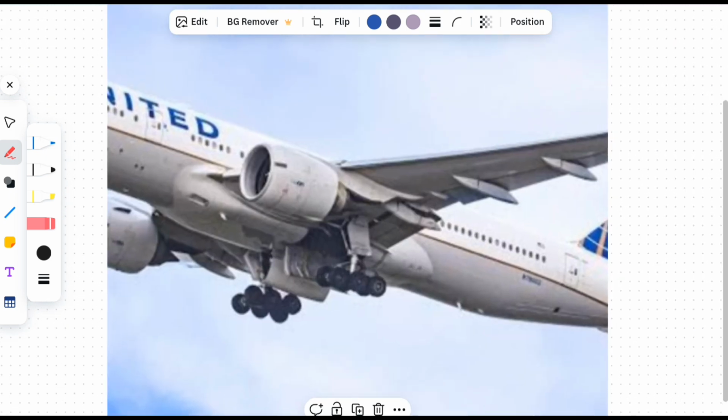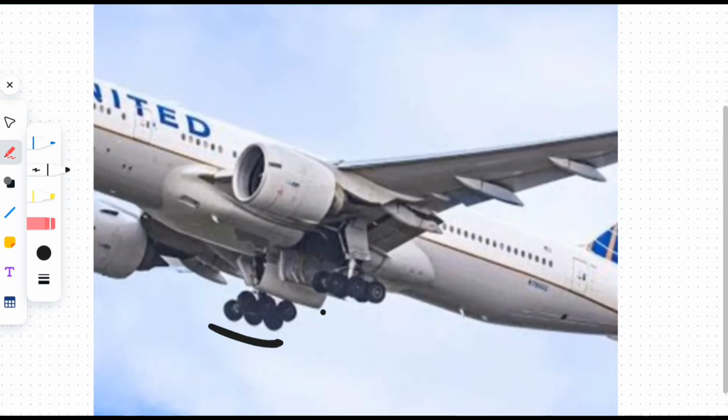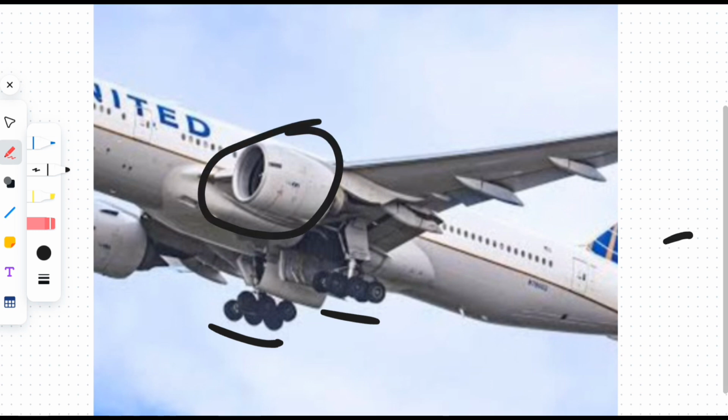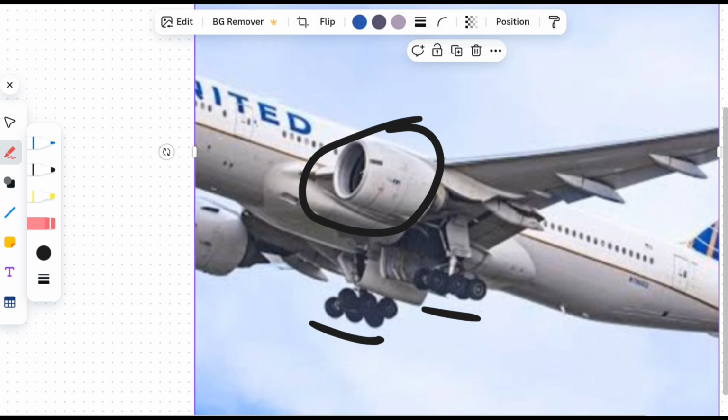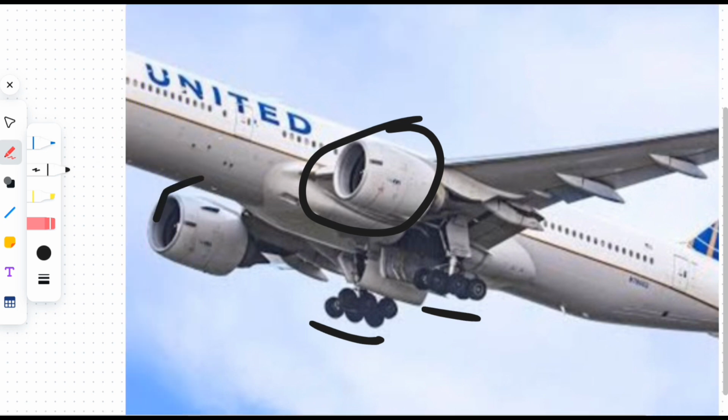So now we will be studying about the engine. Not that kind of, but yes, we will be studying. These are two tires of a plane, two engines. Wait for a second. Yes, now we can see it clearly. We have two engines here and two tires here. We can say that an aeroplane has two engines.